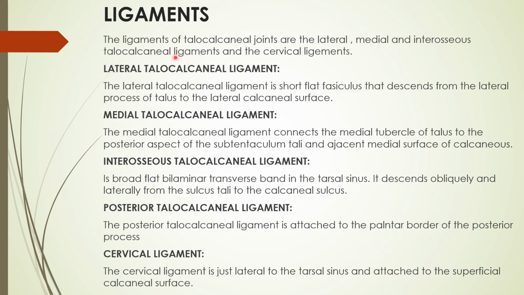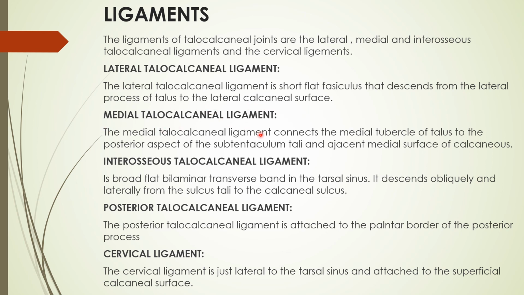The ligaments of the talocalcaneal joint are the lateral, medial and interosseous talocalcaneal ligaments and the cervical ligament. The lateral talocalcaneal ligament is a short, flat fasciculus that descends from the lateral process of the talus to the lateral calcaneal surface.